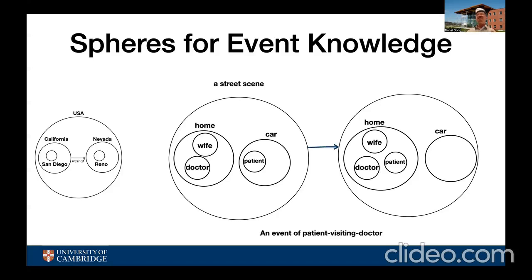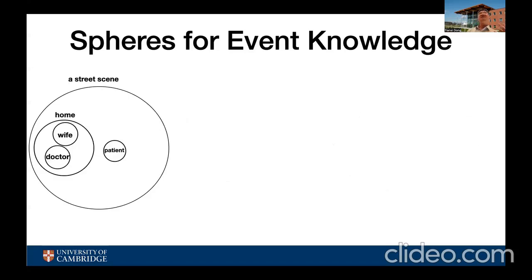So event is the Cartesian product of sphere configurations with start and end of event. And an event has a clear target or goal, and it can move on dynamically.